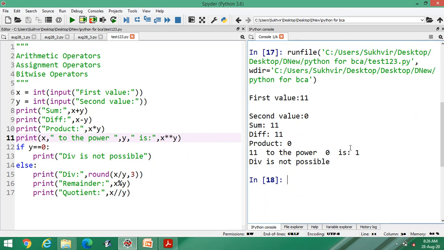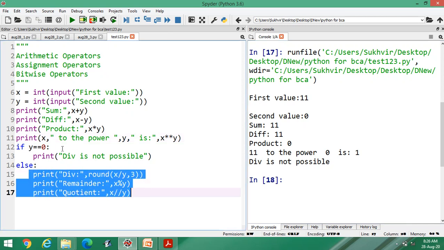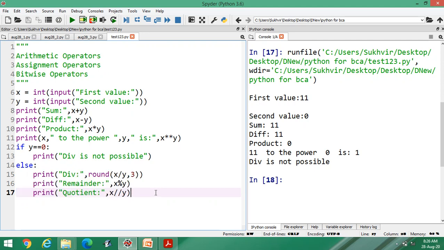Look at the answer. Sum is there, difference is there, product is there, but 11 to the power 0 is equal to 1, and division is not possible. Because anything raised to power 0 is equal to 1, but division, also remainder, you can't calculate the remainder, you can't calculate the quotient. These three contents are not possible if the second value is equal to 0.